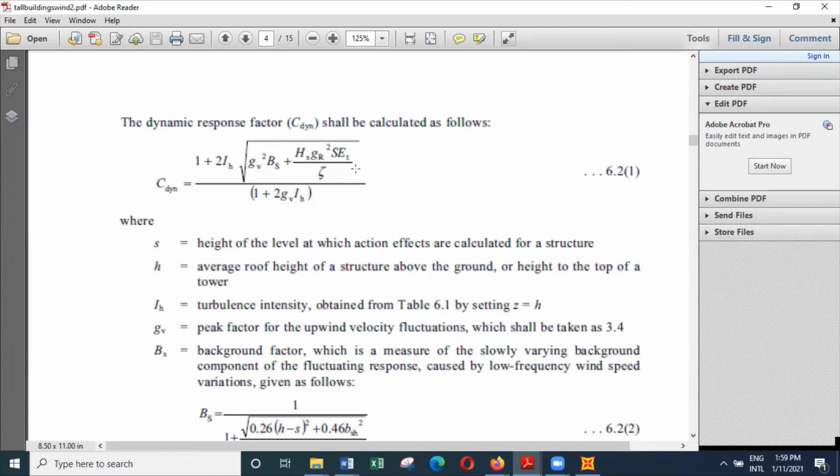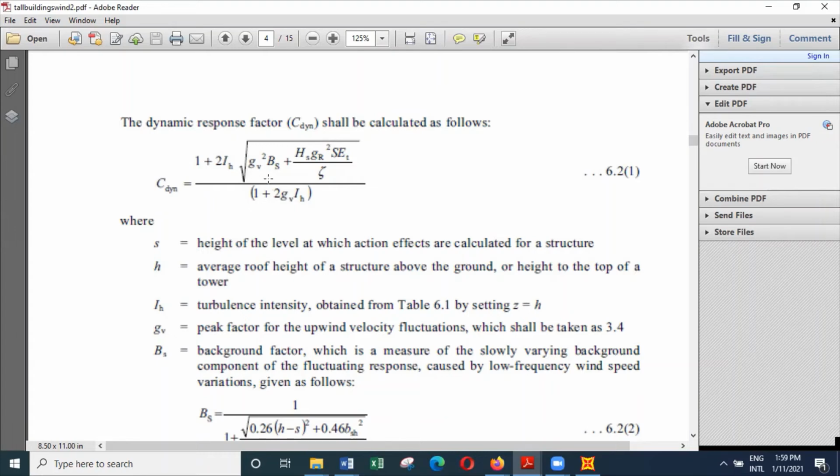So the dynamic response is taken into account by using this second term. The static effect is considered by using the first component, and then they have been added. Square root is taken so that you will get the net effect. So that's how the wind effects are calculated.